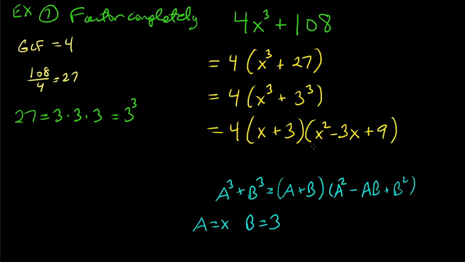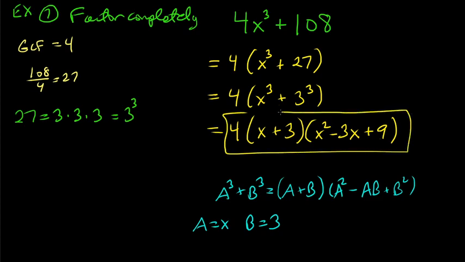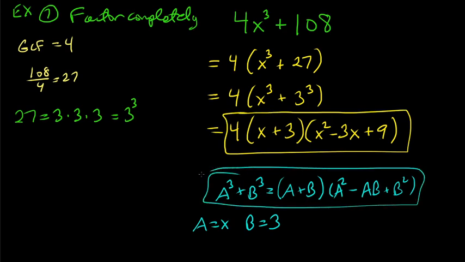Okay? And remember, even though this is a trinomial, don't bother trying to factor it. It's going to be prime. This trinomial here will always be prime. So the good news is that we're done. We don't have to go any further. So that's the answer. The bad news is that you do have to remember the sum of cubes.